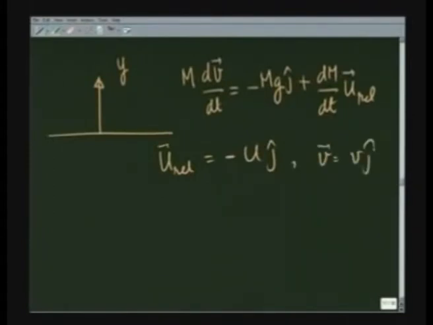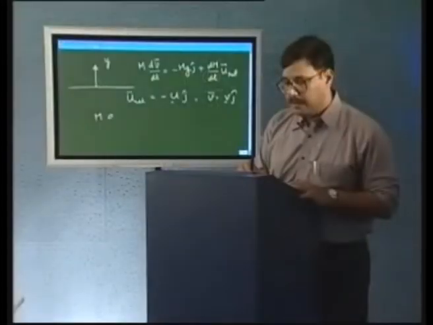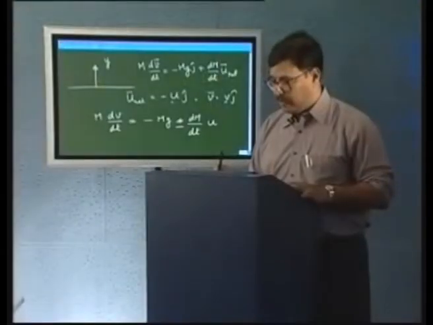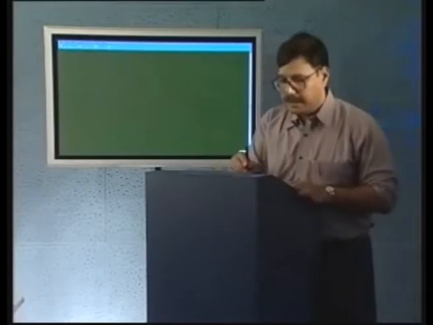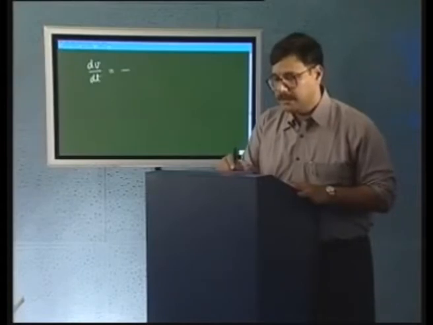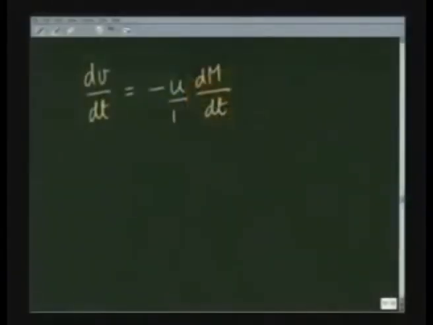So, when I transform this vector equation in terms of these quantities, I have m dv/dt equal to minus mg minus dm/dt times u, and therefore if I divide by m all over, I get dv/dt equal to minus u dm/dt 1 over m minus g.